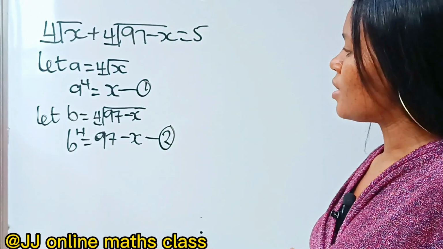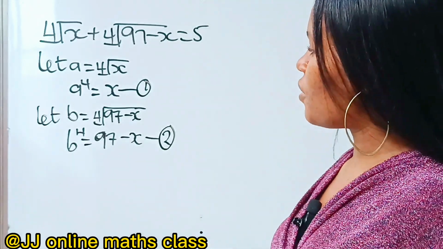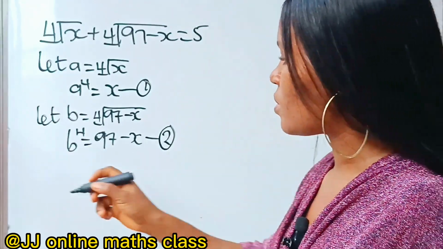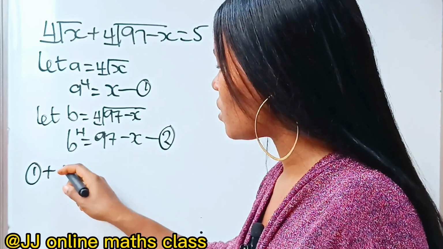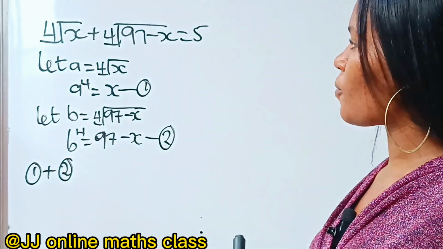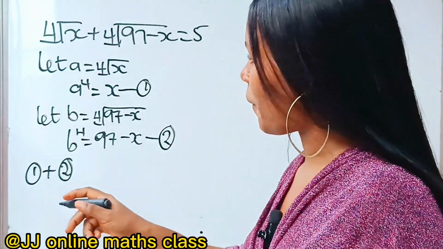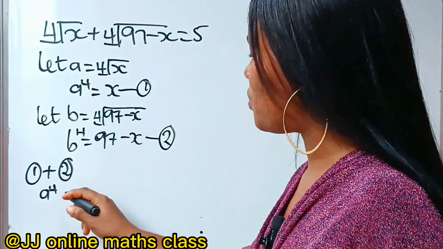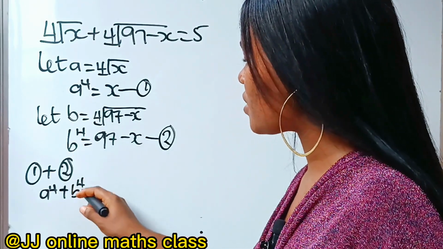All right. Now, if we say equation 1 plus equation 2, we will have that A to the power of 4 plus B to the power of 4, right?